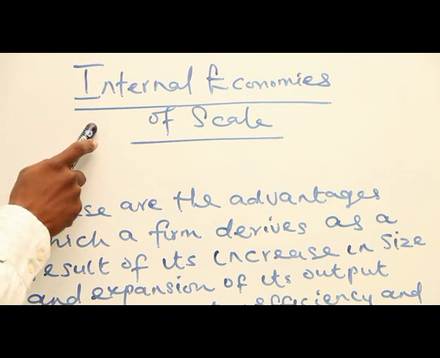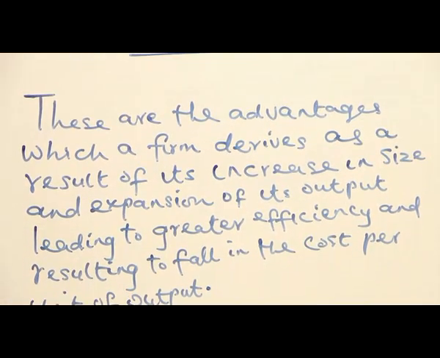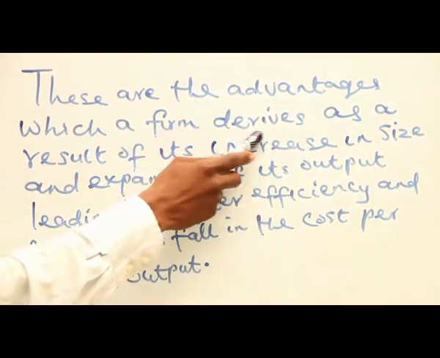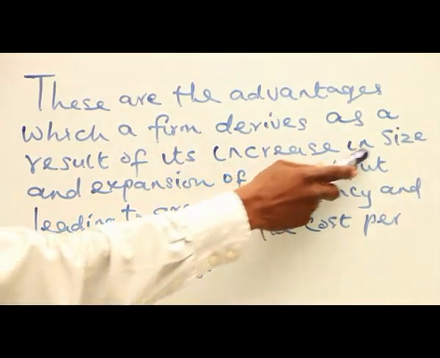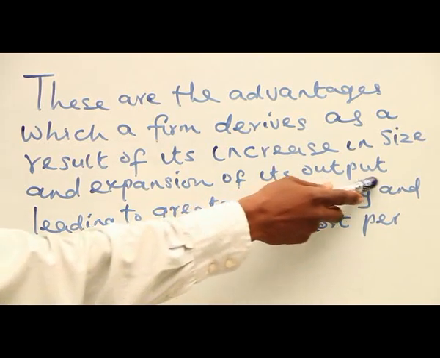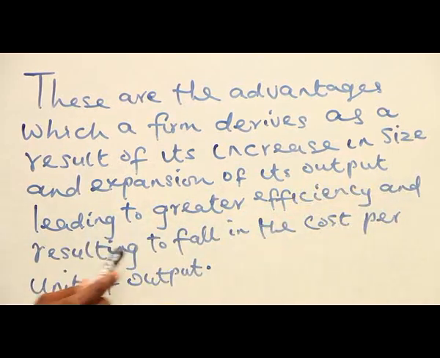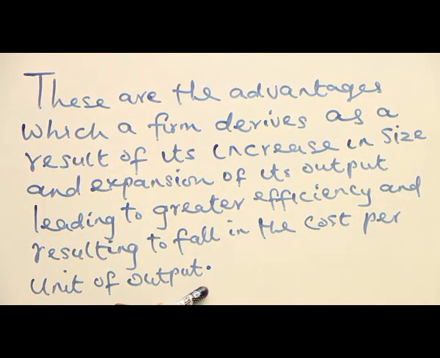Number 1, internal economy of scale. These are the advantages which a firm derives as a result of its increase in size and expansion of its output, leading to greater efficiency and resulting in a fall in the cost per unit of output.